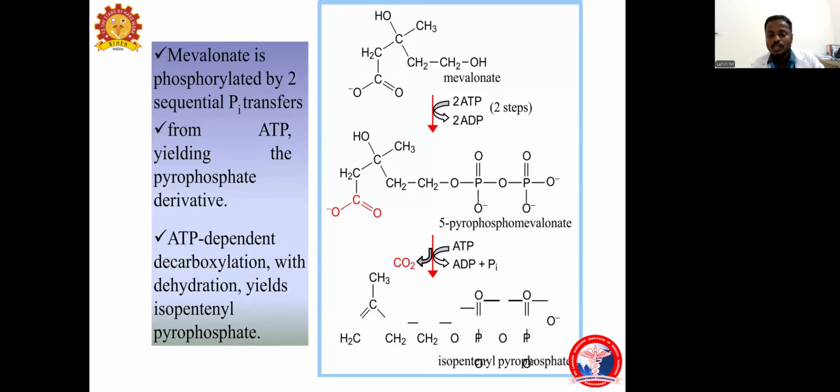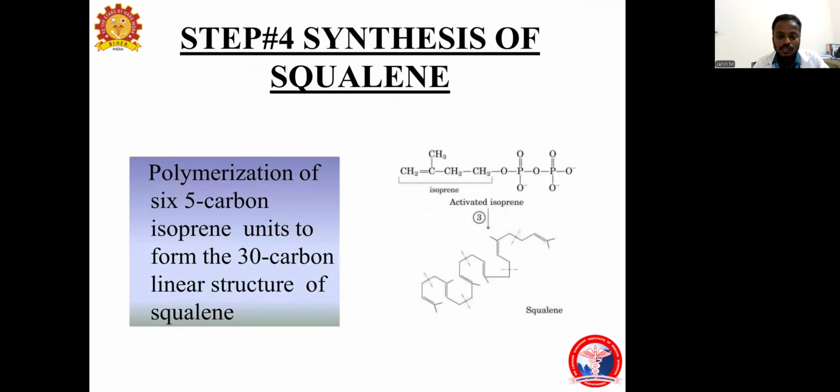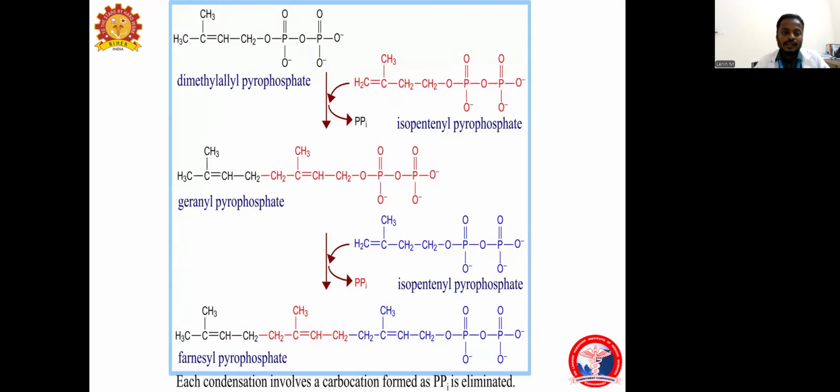This is a two step process in which two carbon dioxide are released, and in one more step two ADP are released. So isopentenyl pyrophosphate and the intermediate compound dimethylallyl pyrophosphate will be formed in this reaction.